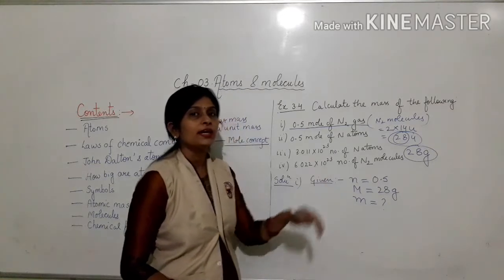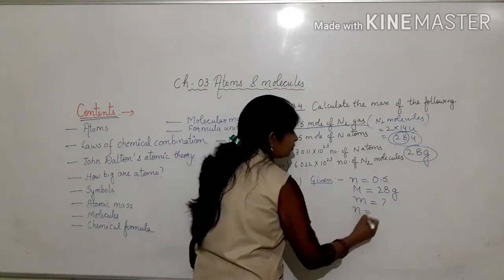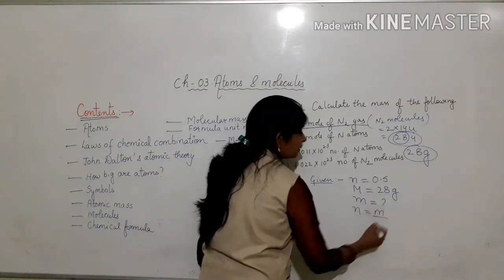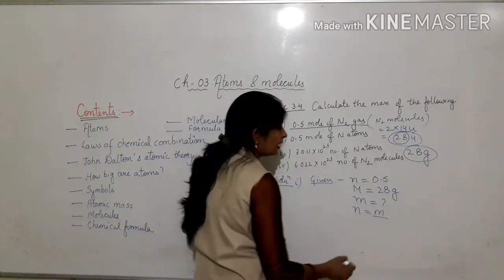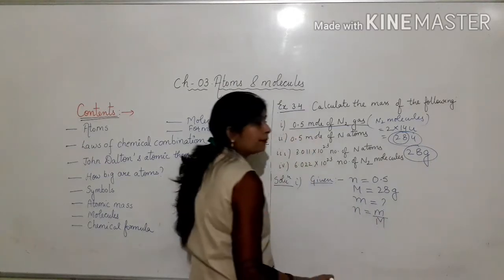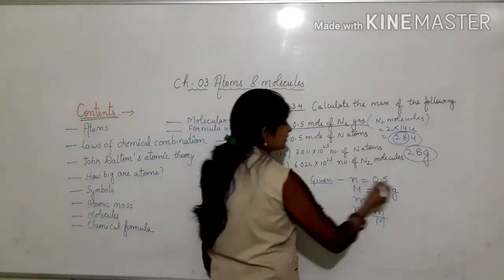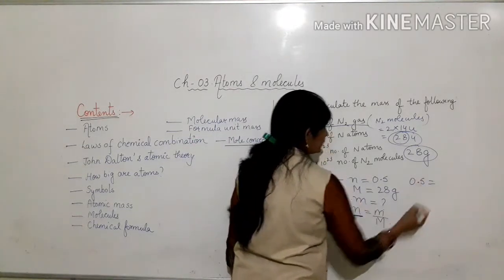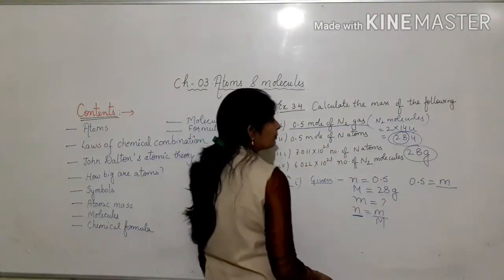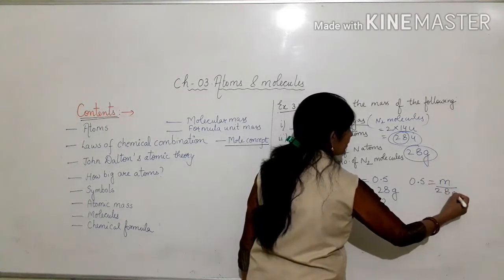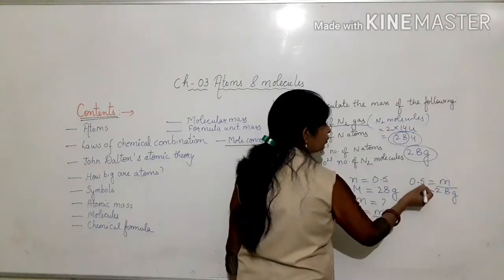We apply the formula: number of moles is equal to given mass, which is not given and we have to calculate, that is small m, upon molar mass capital M. Number of moles small n is 0.5, equal to small m upon molar mass 28 gram.